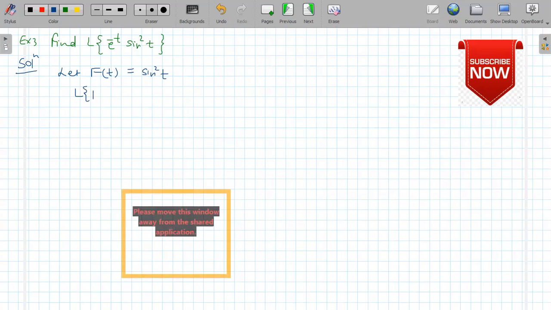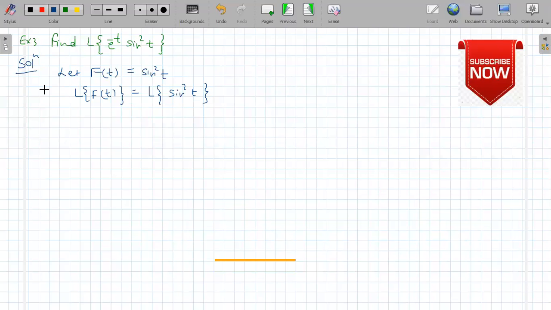So the Laplace transform of f(t) is equal to the Laplace transform of sine square t. So we have to find the Laplace transform of sine square t. We know the formula of cos 2t in terms of sine square t.